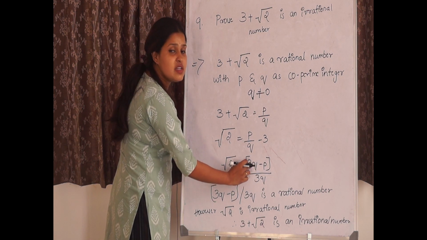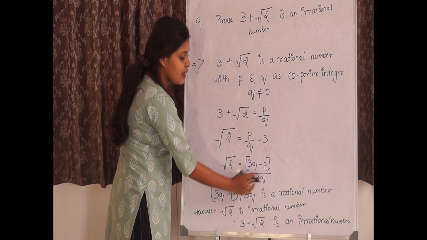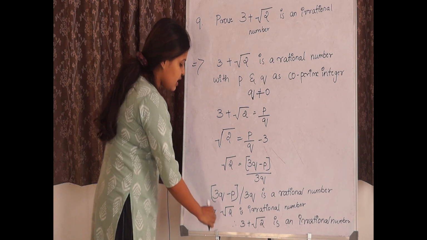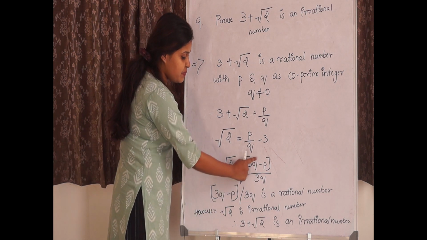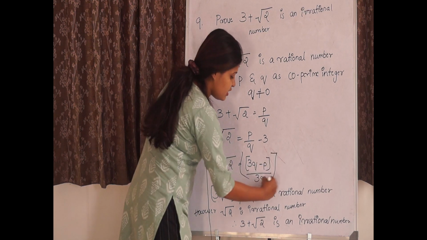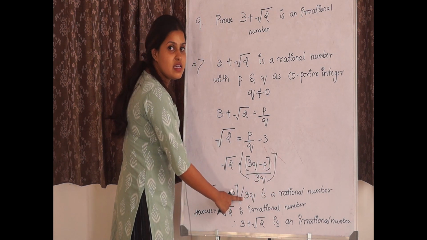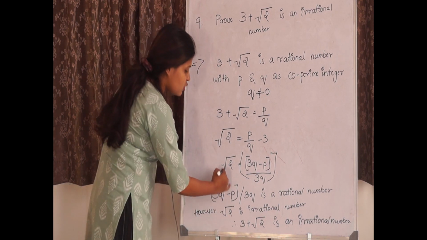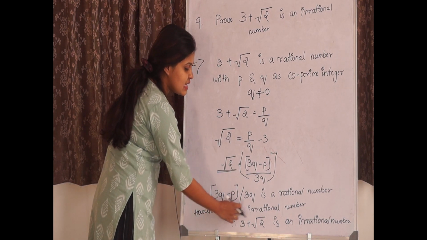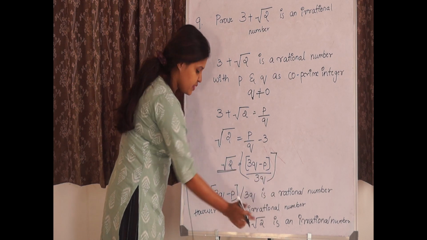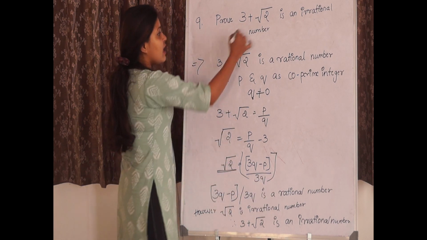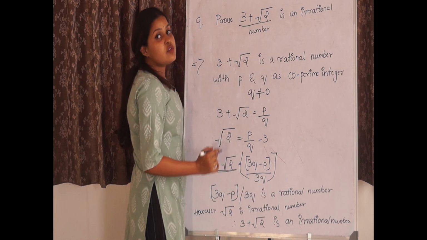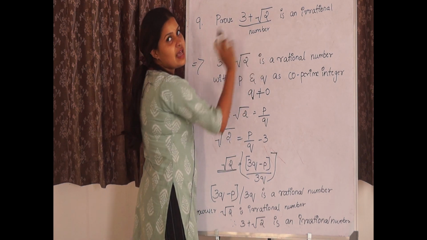Now (p minus 3q) by q is a rational number, whereas square root of 2 is an irrational number. So therefore 3 plus square root of 2 is an irrational number.